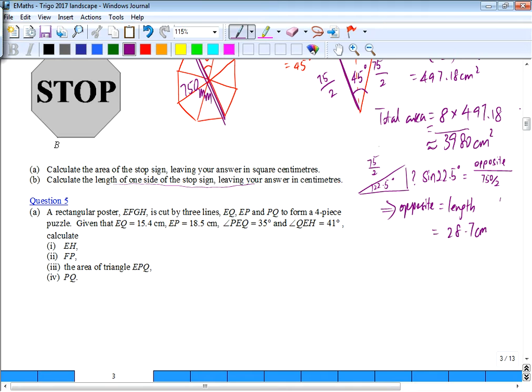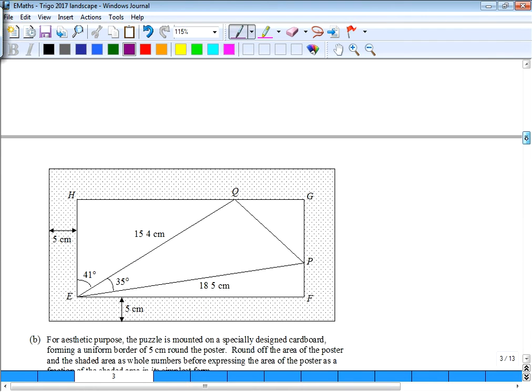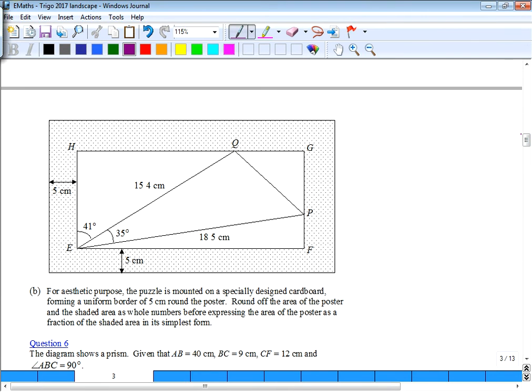Question 5. Anybody needs me to go through part A? Able to find all the lengths and the area? Part A. Okay, finding PQ.